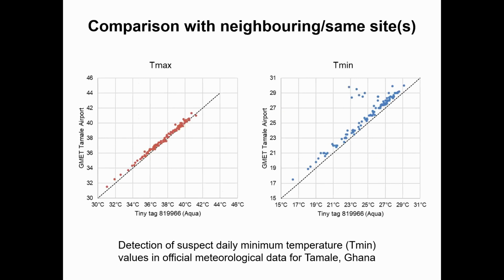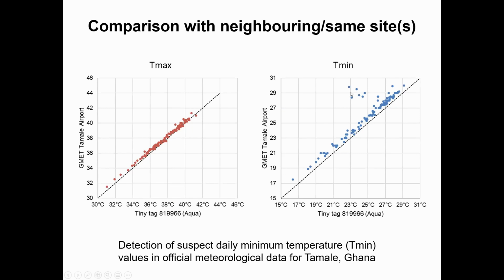I mentioned as well comparing records from neighboring sites, and here we've got an example of 2 temperature data sets that are recorded at the same weather station but using different instruments. And what we can see is that the maximum temperature values agree very well between the tiny tag and the manual measurements undertaken by the meteorological agency.